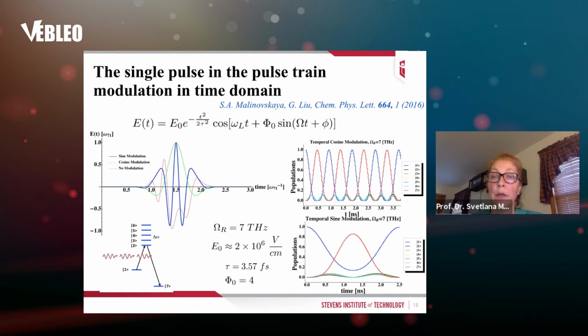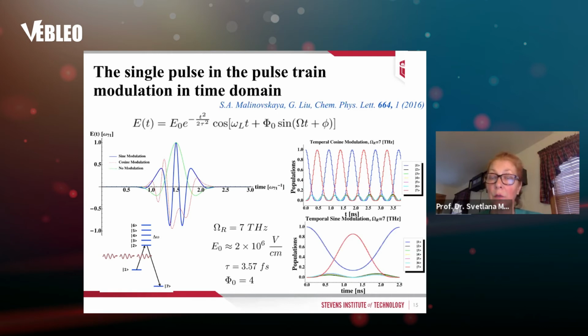Looking at the bottom left, we consider a Raman configuration with 7 vibronic states involved.